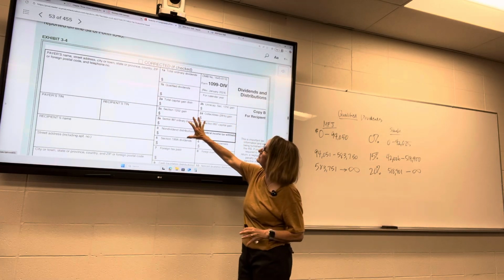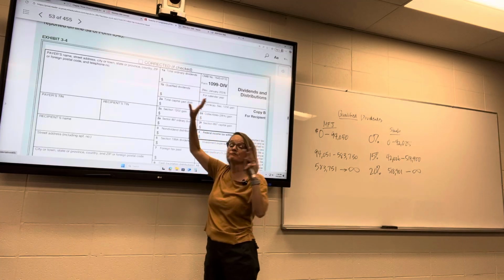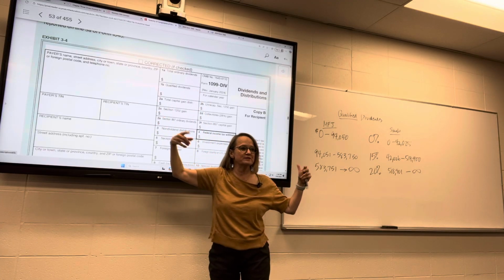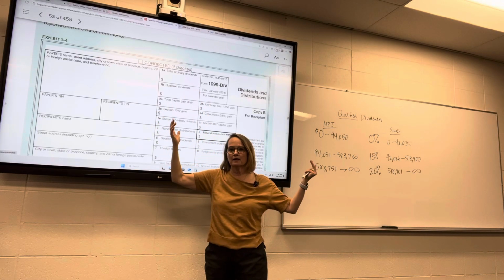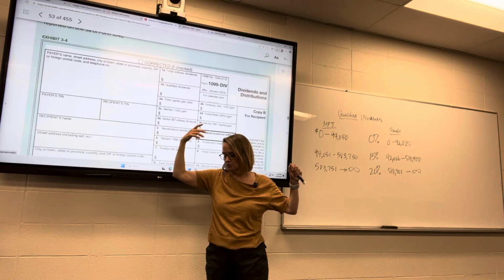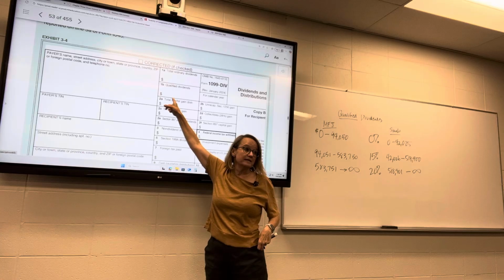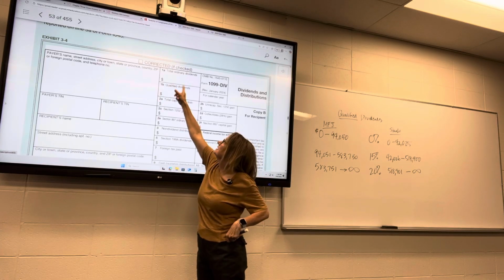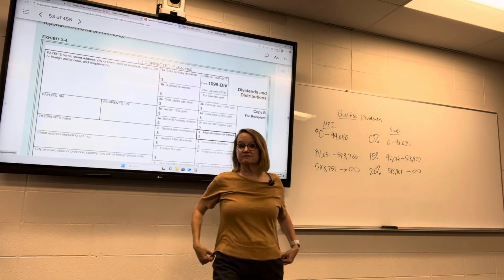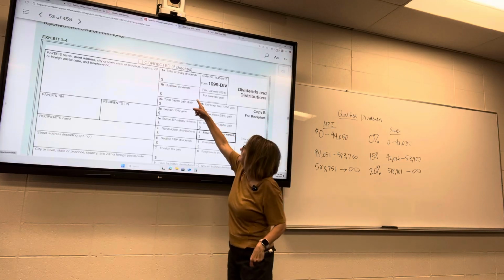So when you're looking at these forms, if there are no qualified dividends, which means it didn't come from a company's earnings and profits, there will be nothing in box 1B. There's always going to be something in box 1A if you received dividends, but there might not always be something in box 1B.